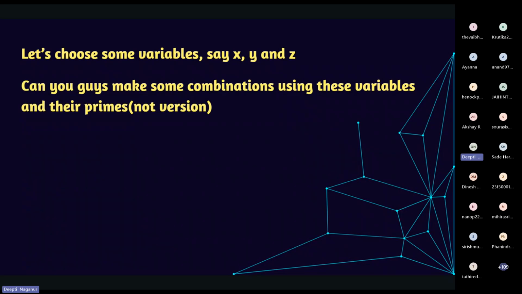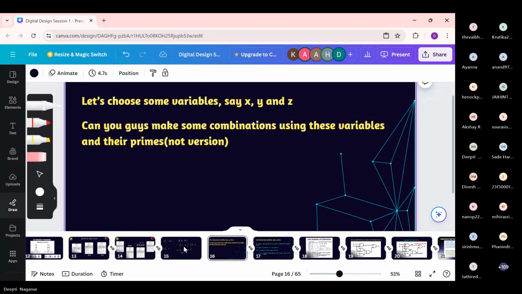Pick two, multiply, then pick the other two and add them to that. Can you make those equations and share them in either the Q&A section or chat section?